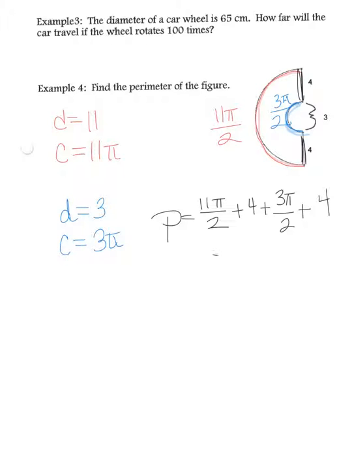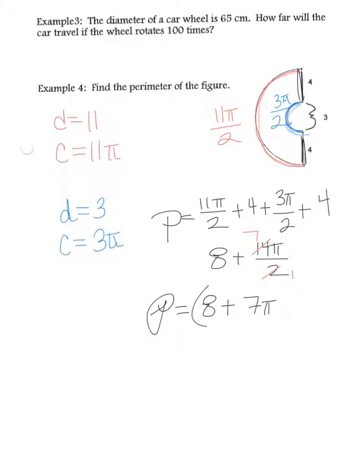So 4 plus 4 gives you 8. 11 pi over 2 plus 3 pi over 2 gives you 14 pi over 2, which simplifies to 7 pi. Your final perimeter length would be 8 plus 7 pi. If it had units, you would put that in parentheses and write units.